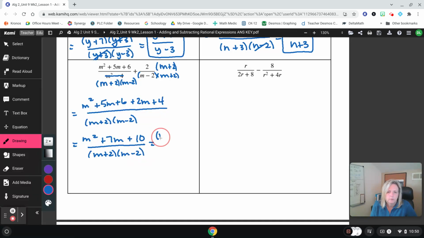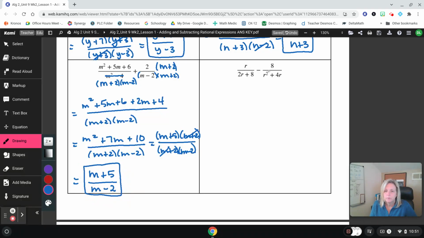And this is going to factor to m plus 5 and m plus 2 over m plus 2 times m minus 2. Cancel those out, and we have m plus 5 over m minus 2.